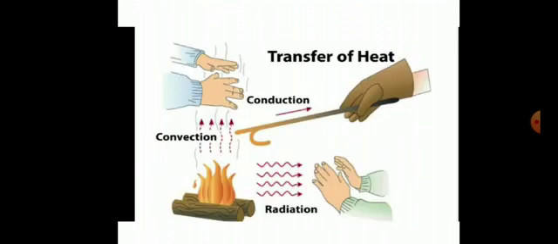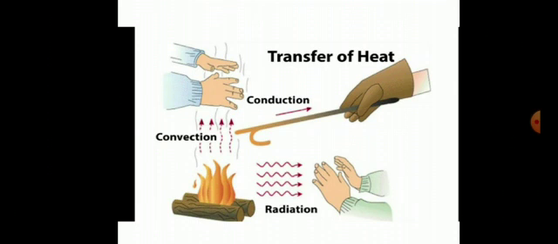You all have studied the concept related to transfer of heat. There are three processes for transfer of heat: conduction, convection, and radiation. Transfer of heat from hot part of an object to the cold part is called conduction of heat, and medium is required for conduction of heat.